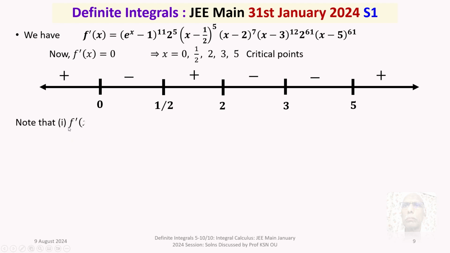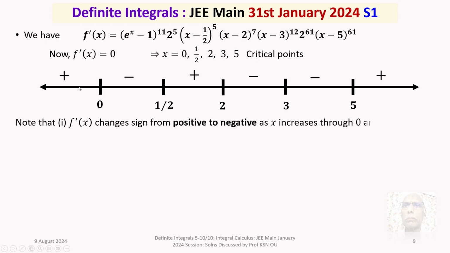Now note that f prime x changes sign from positive to negative as x crosses through 0 and 2. This tells you 0 and 2 are the points of local maxima.